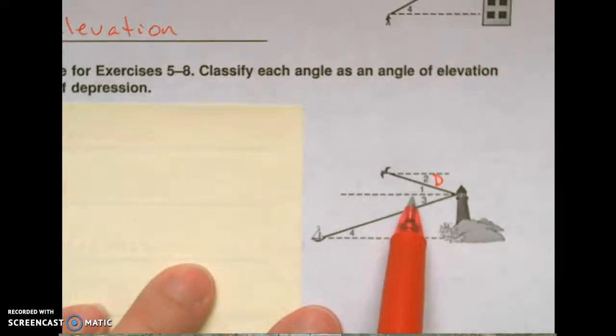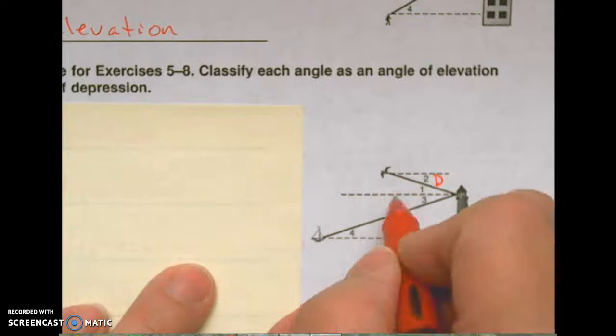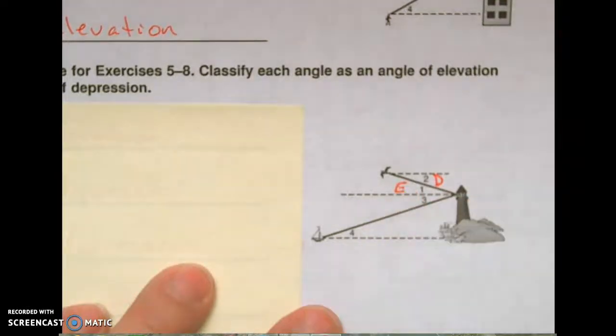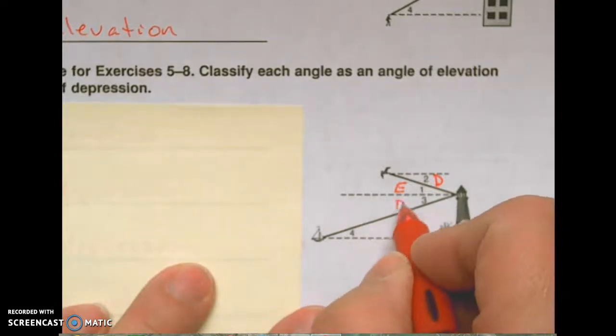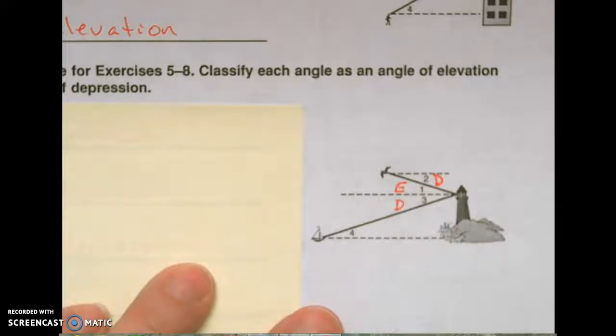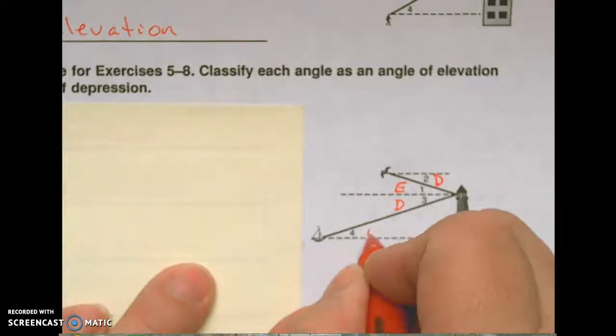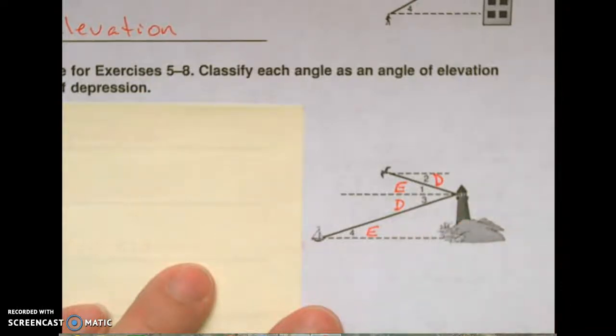From the lighthouse looking up at the bird, angle number 1 is going to be an angle of elevation. From the lighthouse looking down at the ship is going to be an angle of depression. And angle 4 from the ship looking up at the lighthouse is going to be an angle of elevation.